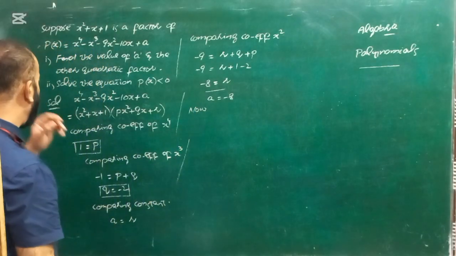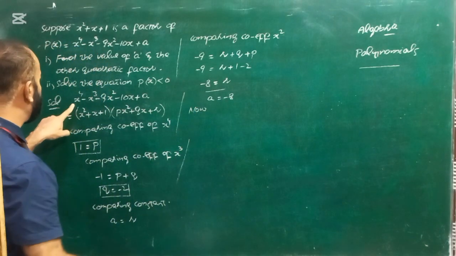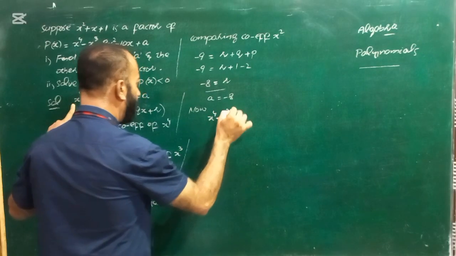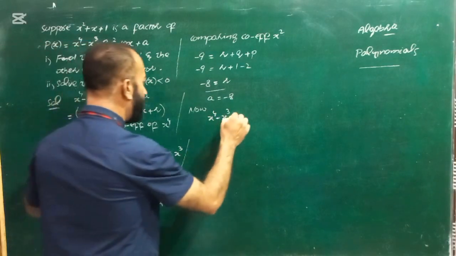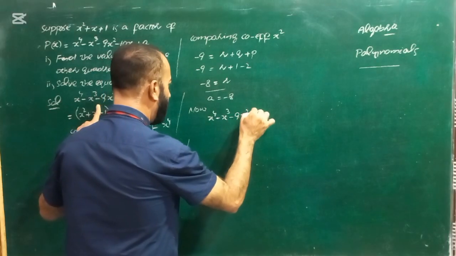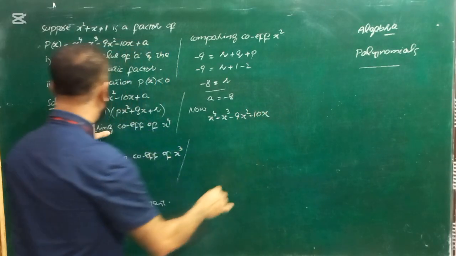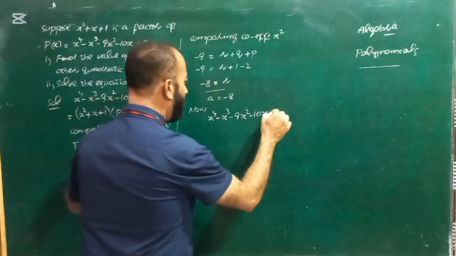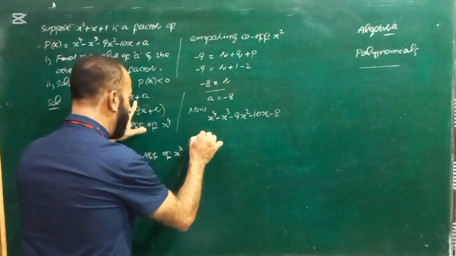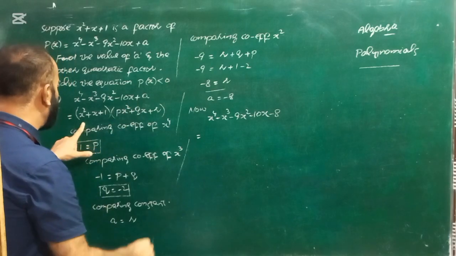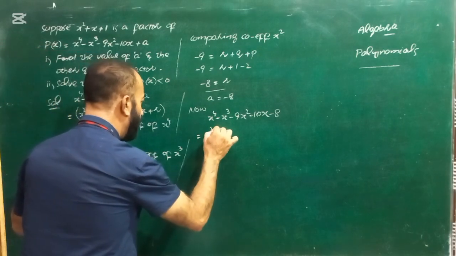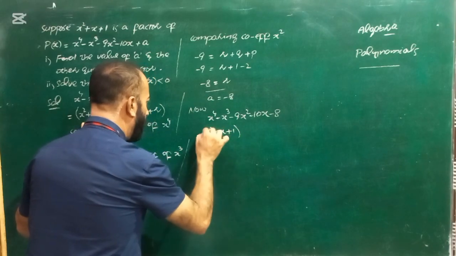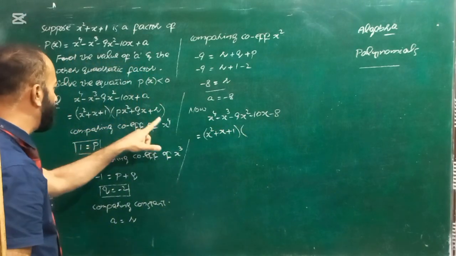Now it means this polynomial x4 minus x cube minus 9x square minus 10x plus a, so it will be -8, is equal to x square plus x plus 1 into px square plus qx plus r.